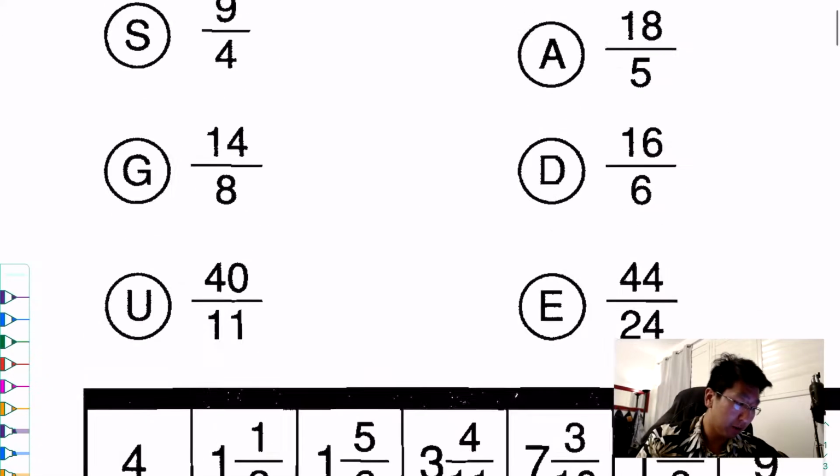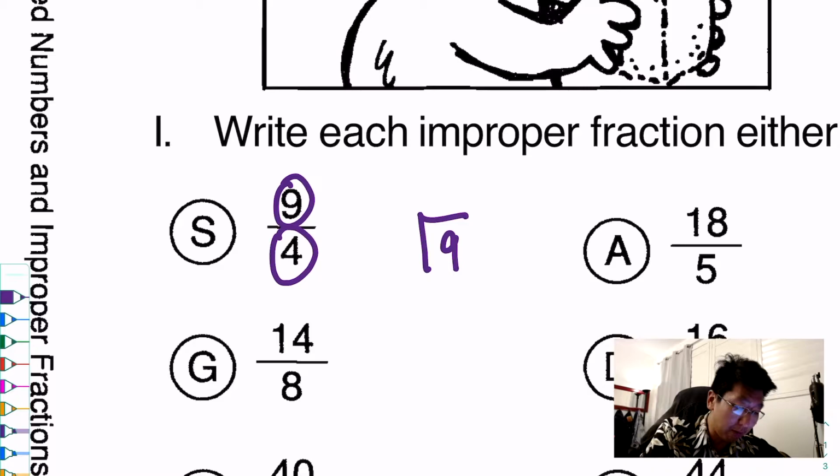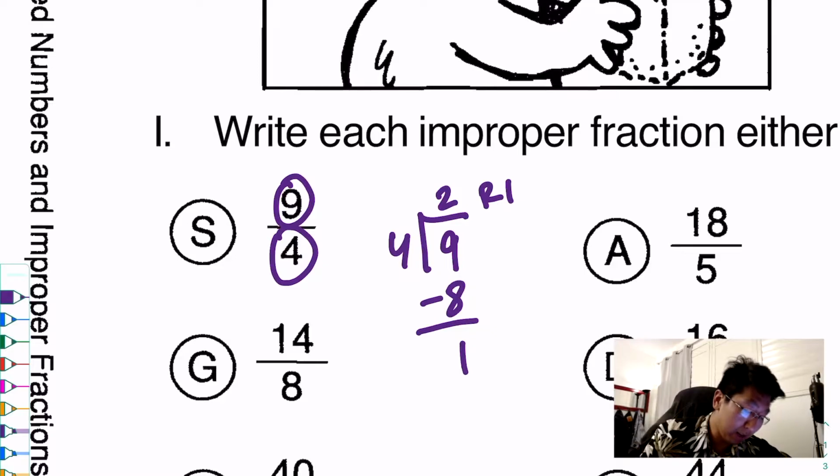In order to do that, all we need to do is take our numerator and divide by our denominator. So I'm going to take 9 and divide by 4. I end up with 2 because 4 goes into 9 2 times. I subtract 8. I get remainder 1. And so the answer here is 2 whole and 1 out of 4.